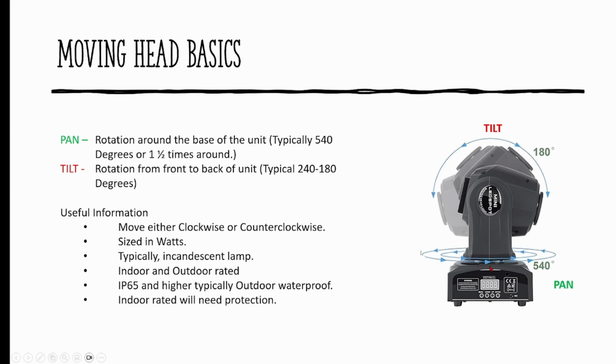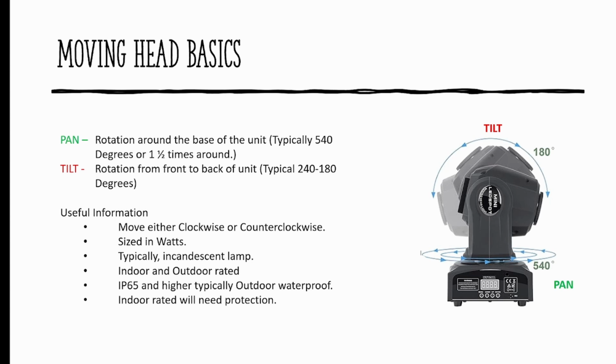Now, when it's facing forward, it can go 180 degrees that way, and it can go 180 degrees that way. And if it goes that way, that's as far as it'll go, because that's 360 plus 180, which is 540 degrees. So again, it's important to understand, and we'll talk about that in a couple of minutes.